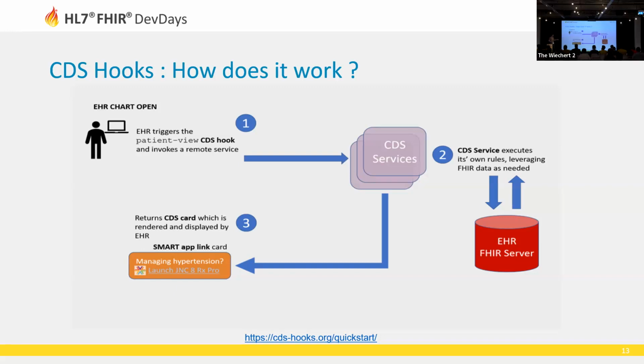This is done with a SMART token that is forwarded to the service, which will then connect to the FHIR server using the same credentials, the same rights, as the user of the initial app.